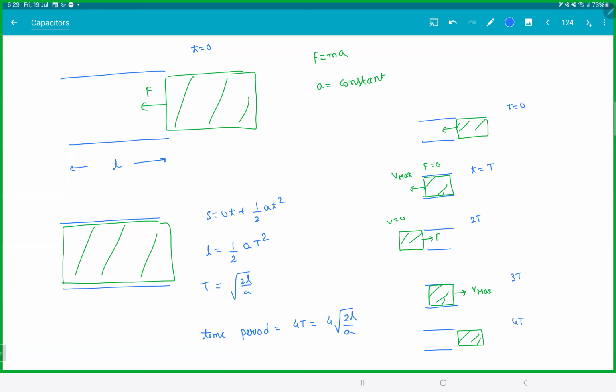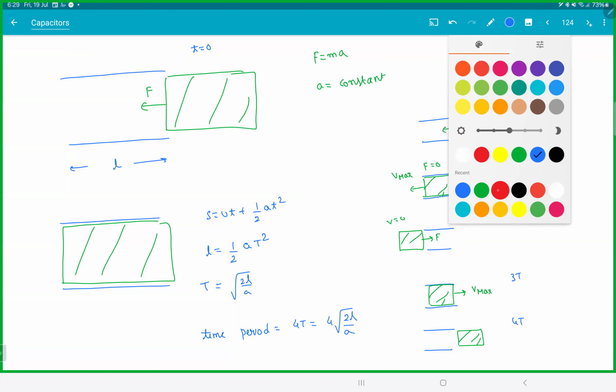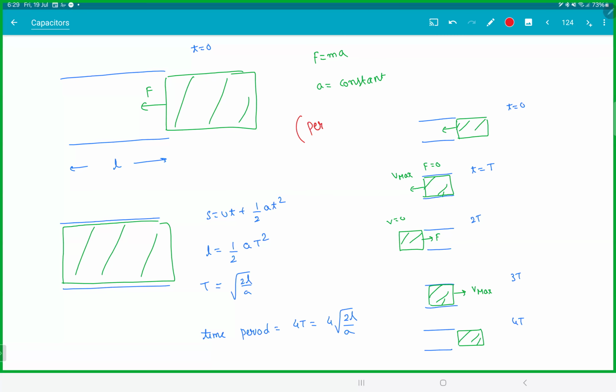Do have a look at this. A is the acceleration here. And what kind of motion is this? This is periodic motion. This is not SHM, this is not oscillatory motion. F is constant. For SHM, A should be proportional to minus X. Here it doesn't depend on X, only the force part.